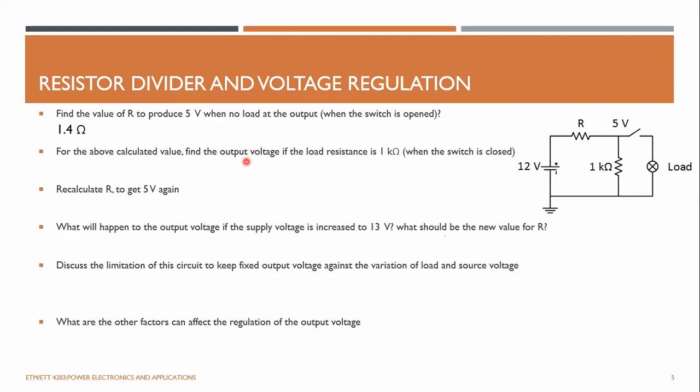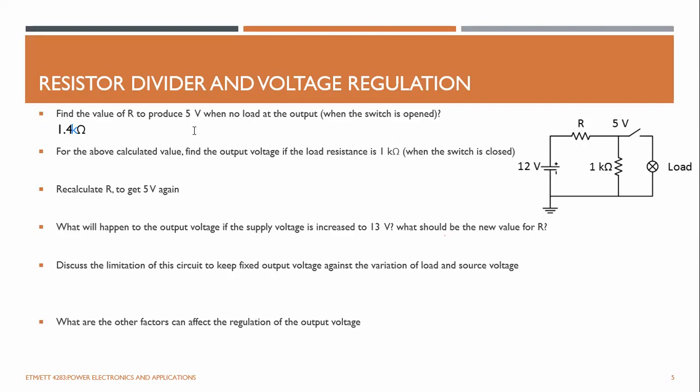The next value is when we switch on this device. Let me correct this. So when you turn this on, the load also has a resistance of 1K, and so the total resistance drops to 0.5K, equivalent resistance.